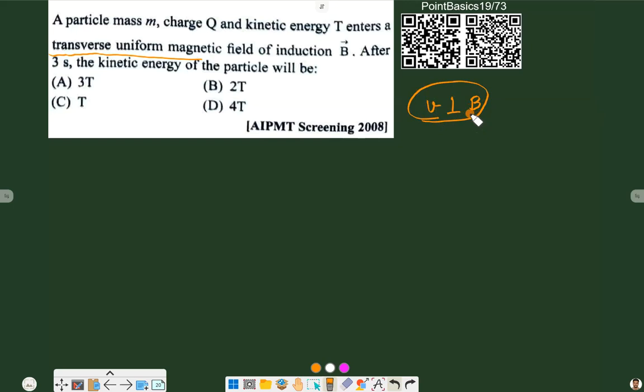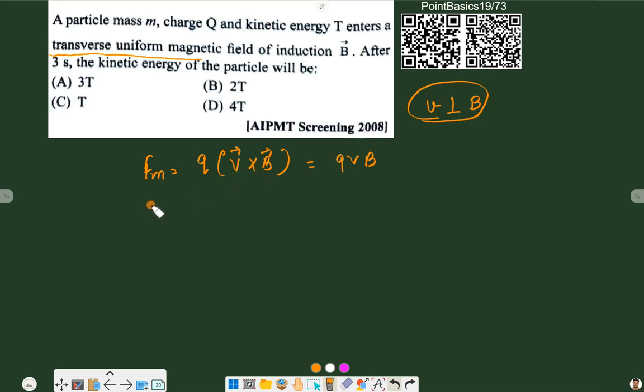So if velocity and magnetic field are at 90 degree, then we will get magnetic force. Magnetic force, as we know, is q V cross B, and it will be qVB, as the angle between V and B is 90 degree, and it is also perpendicular to both magnetic field and velocity.